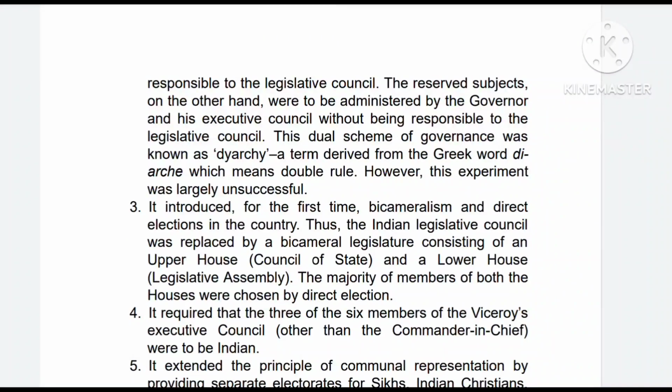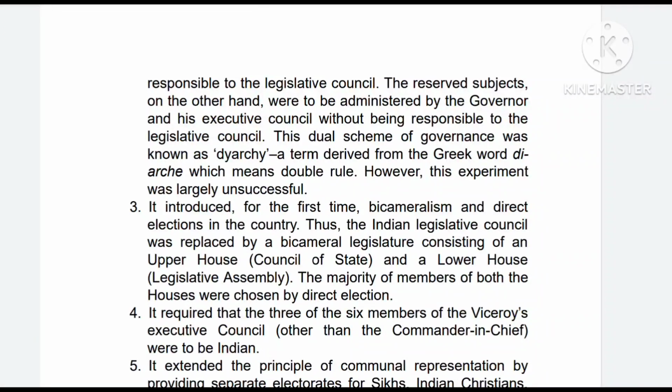The reserved subjects, on the other hand, were to be administered by the governor and his executive council without being responsible to the Legislative Council. This dual scheme of governance was known as diarchy, a term derived from the Greek word diarchy, which means double rule. However, this experiment was largely unsuccessful.